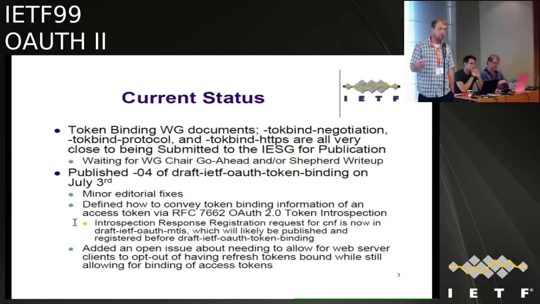This itself is very similar to the work that was done in the MTLS bit around OAuth token introspection, all catalyzed from a comment that Justin made at the last IETF meeting, which was that there was a lot of assumptions being made about how this would work with introspection that were not clearly stated in the document. So this just calls them out very explicitly.